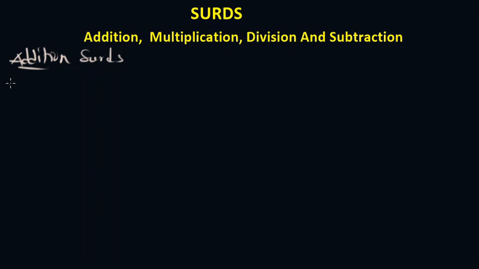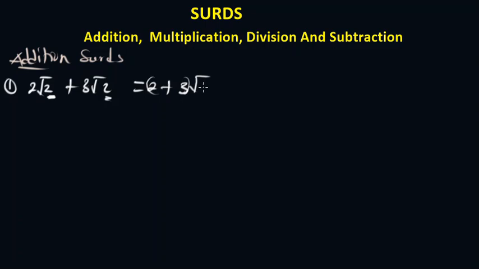Let's continue. So when we have an example like 2 root 2 plus 3 root 2, if you want to add them, they have the same number under the root. Over here we have 2, here we have 2. So what we need to do is add this and this. Let's go in order. So we'll have 2 plus 3 in brackets, just for us to understand.